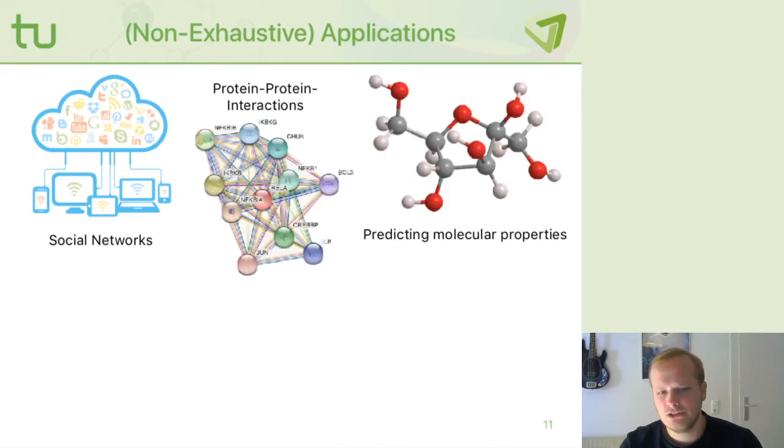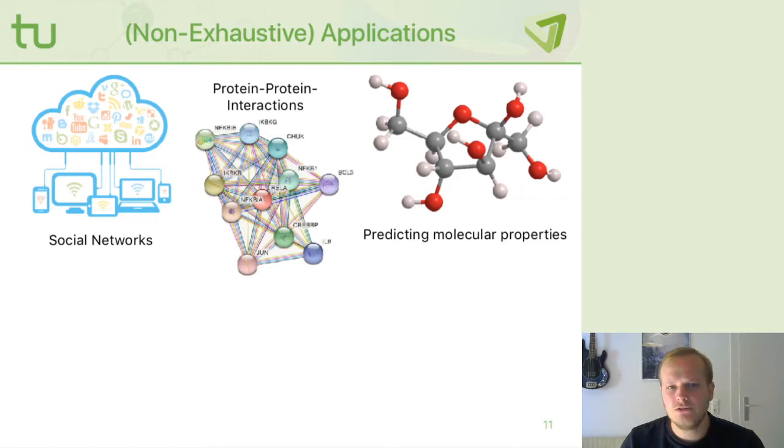Next, there is also a lot of interest in applying GNNs to protein-protein interaction networks, or using them to embed whole molecules. Here, tasks include the prediction of protein functions or predicting certain properties of a molecule, for example, if a molecule is toxic or not.